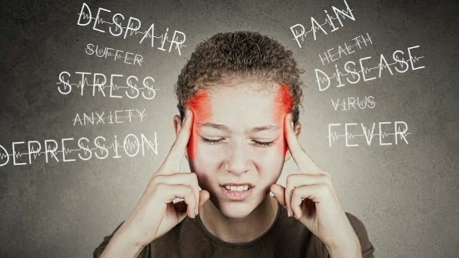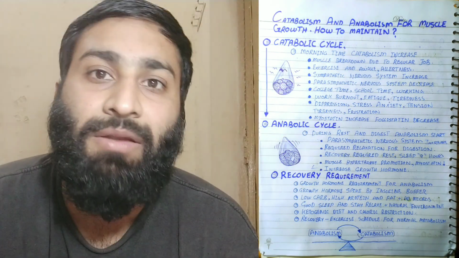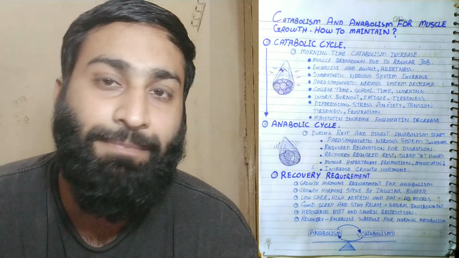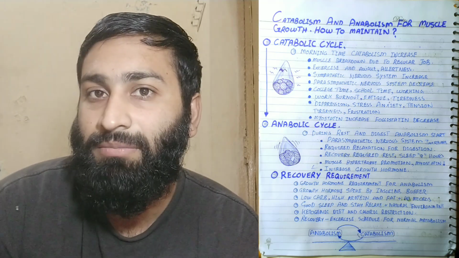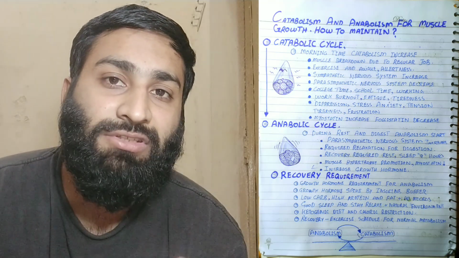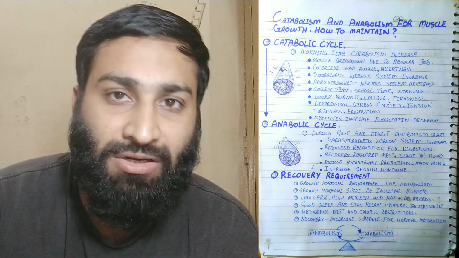All of these trigger the muscle breakdown, because it is the sympathetic nervous system, the catabolic pathway, which will break your muscle down.